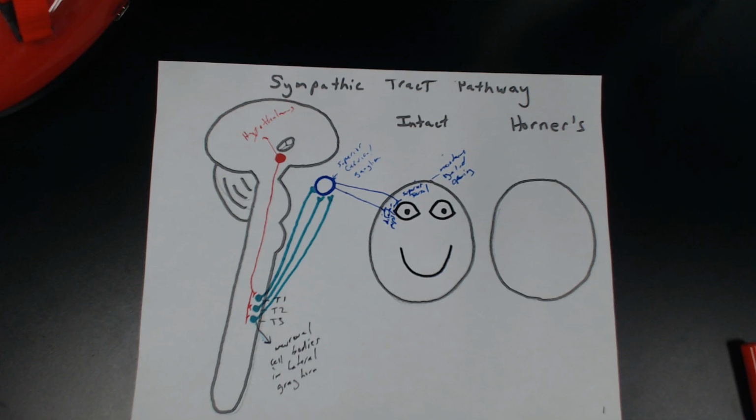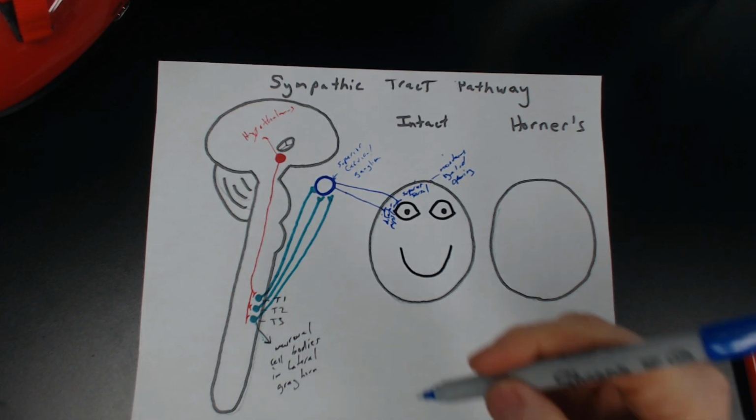We have the superior tarsal muscle, which is responsible for keeping your eyelid fully open after levator palpebrae initiates eyelid opening. The second is the dilator pupillae, the muscle that's responsible for dilating or keeping your eye dilated.